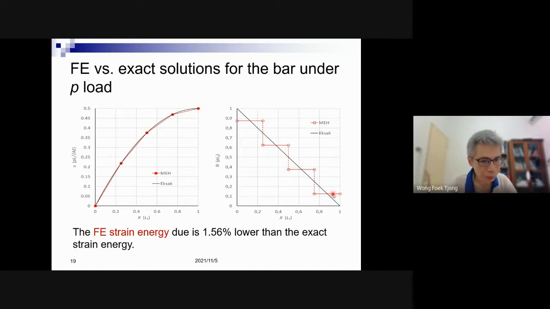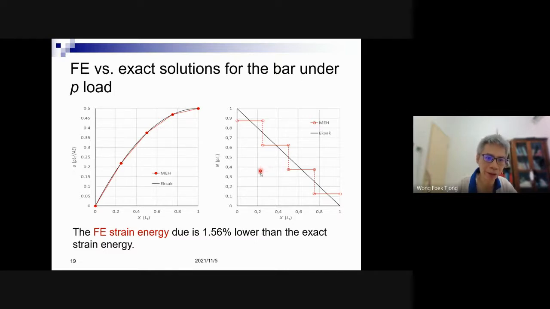Why? If I ask you why, can you give an answer to my question? Because what? Our finite element is based on assumed displacement. So the first quantity that we compute is the displacement, and then strain and stress.